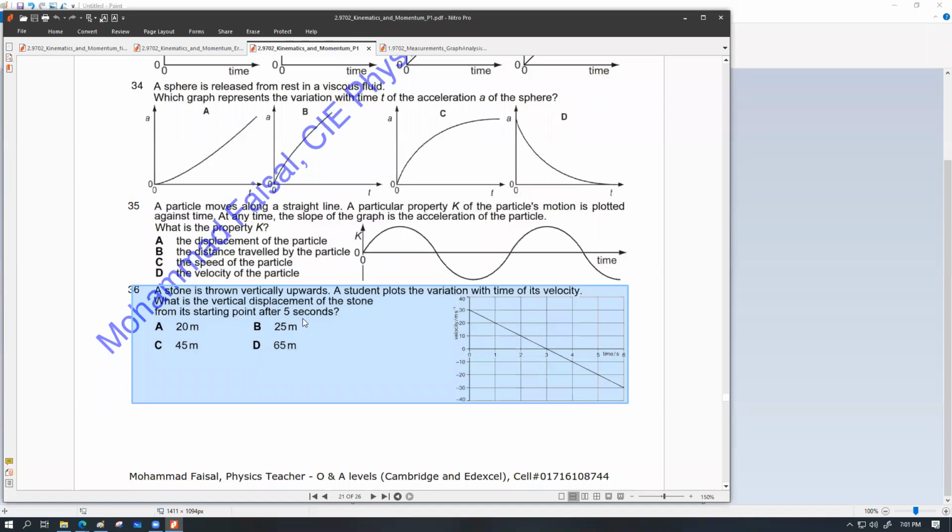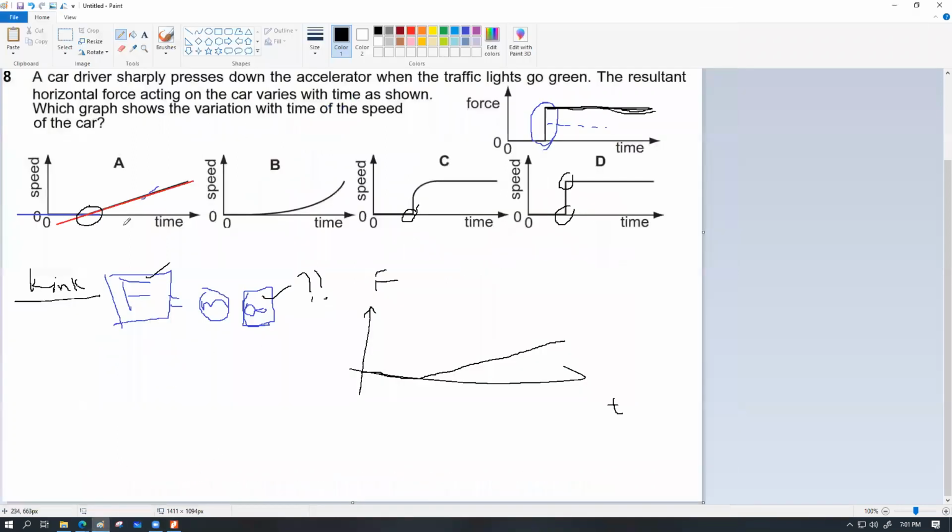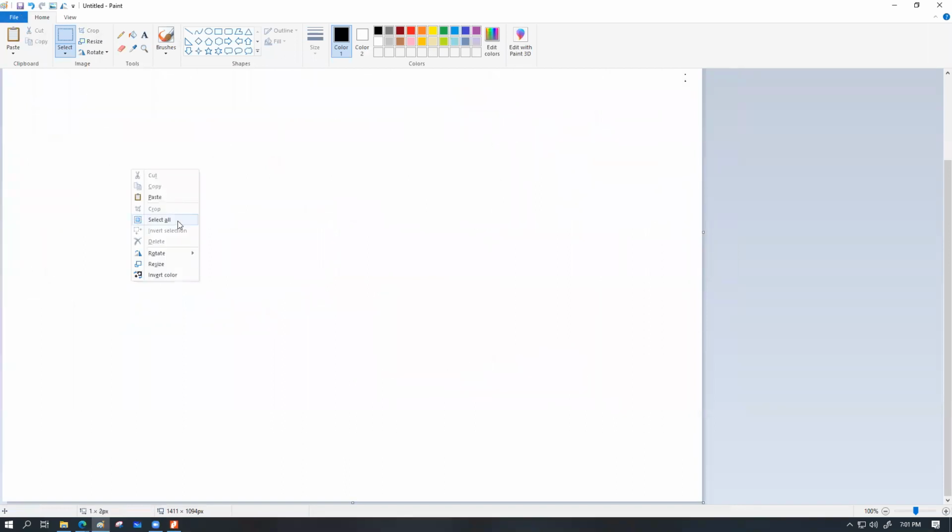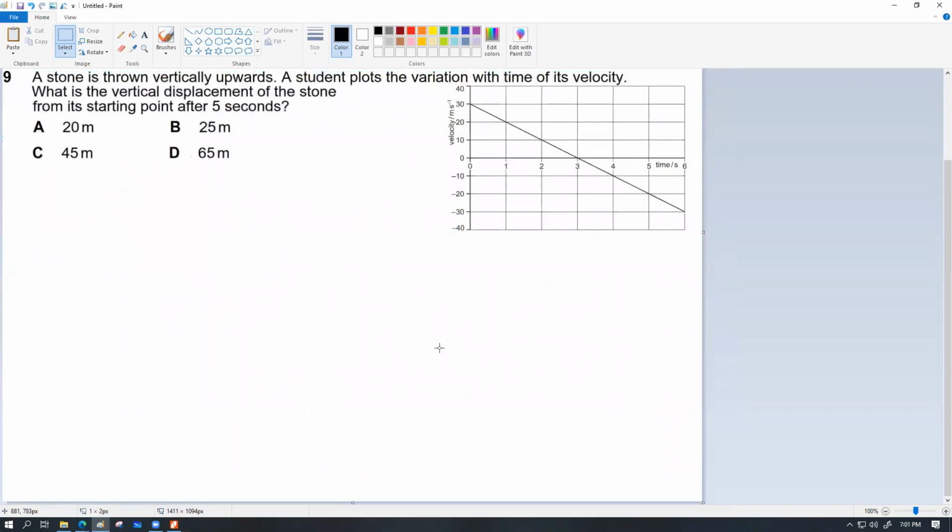Try and solve number 36, everyone. Give this a try. If the answer matches, tell me, and if it doesn't match, tell me too, I'll help.